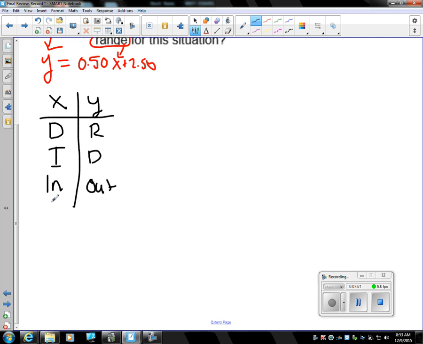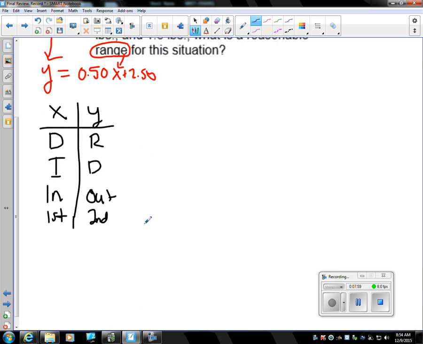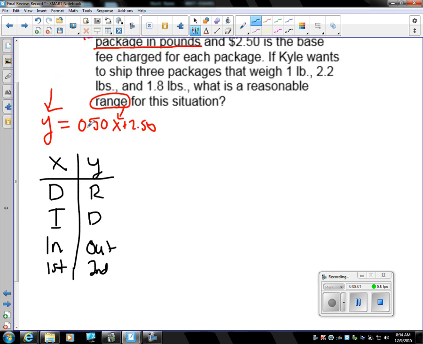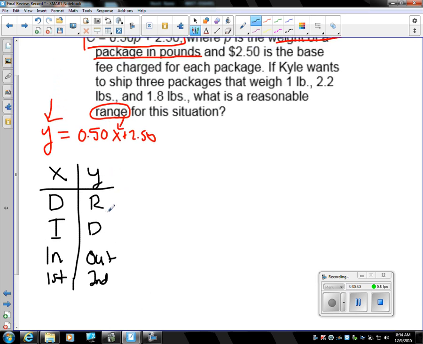Input, output. And then to this table, we add X first, the first thing that happens in a situation, and then Y is the second thing that happens in a situation. So if I'm looking for range, that means I must be looking at my Y values. Because here, R stands for range, and range is my Y values.